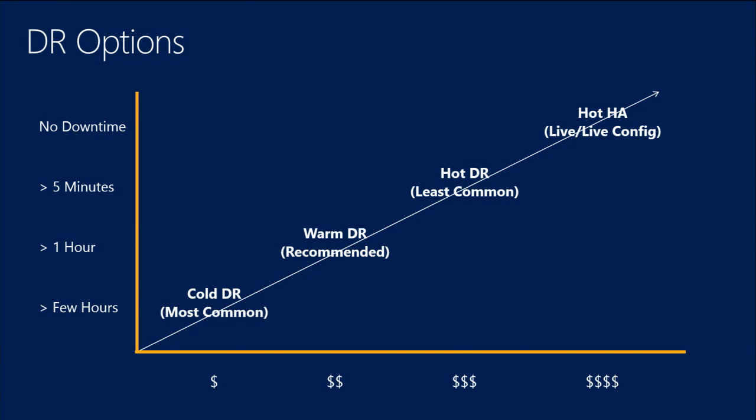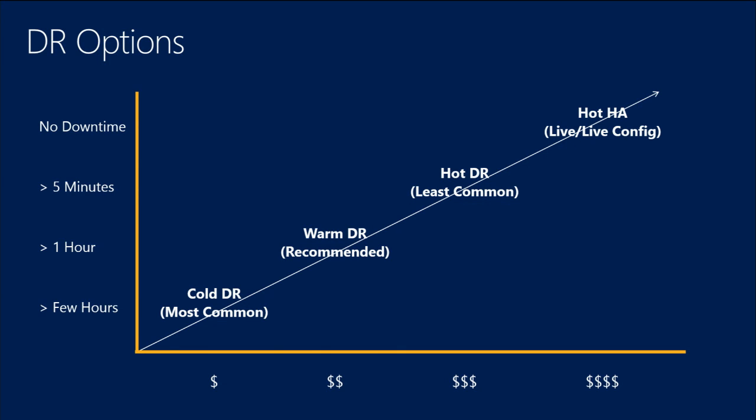So if I want something like, yeah, I'm good with a couple of hours, cold DR is good enough. It's the most common. The reason why is the cost is actually very, very low. The changes in code are very, very low. So it's the easiest entry point.